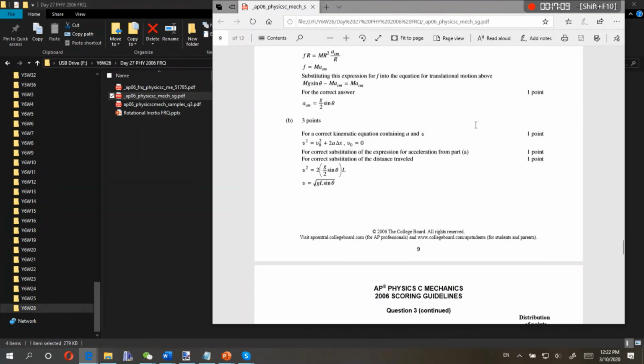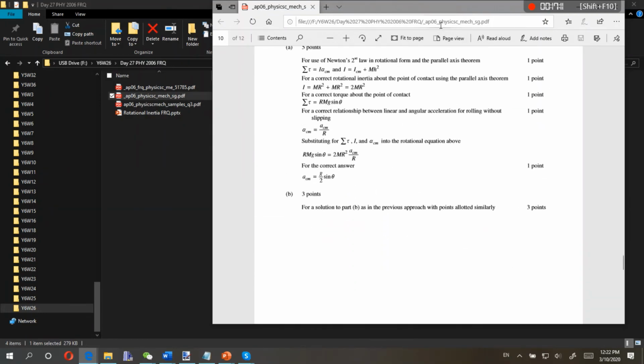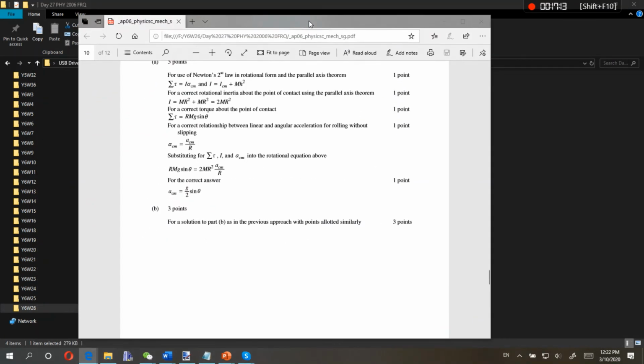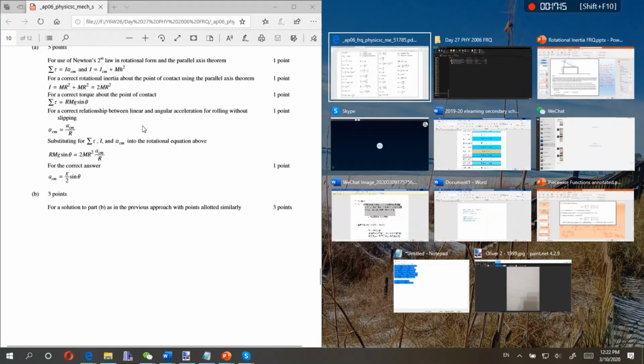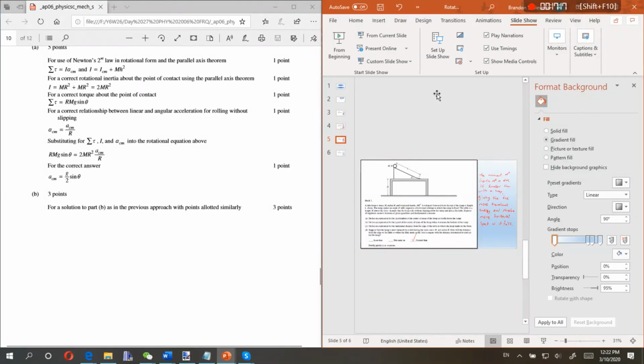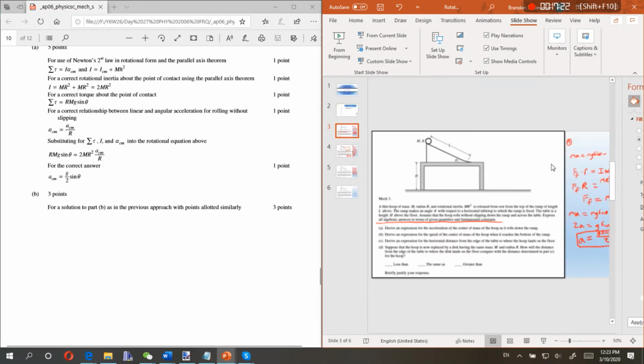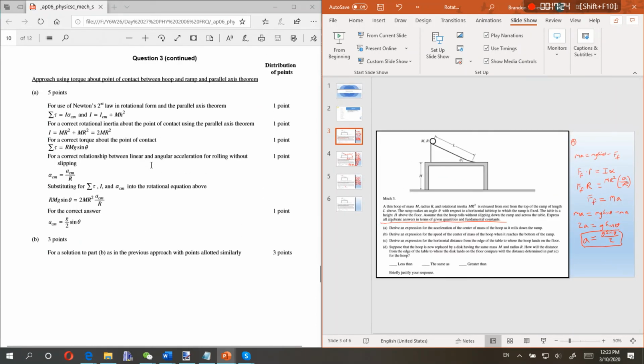This is question 3. Okay, so first part. Using the second law, torque equals I alpha. Okay, we did that. Correct rotational inertia.